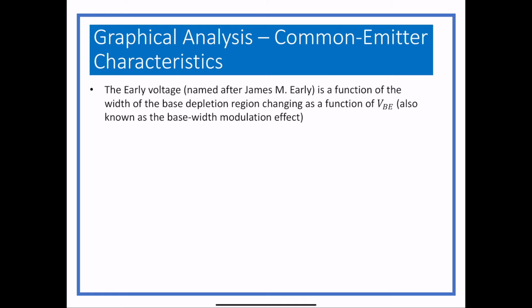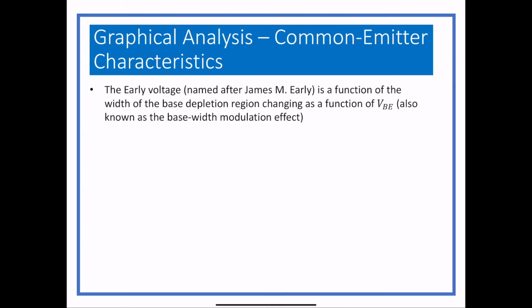this is caused by the width of the base depletion region changing. So something is changing for a similar reason and has a similar result. And so most of the time we ignore this.